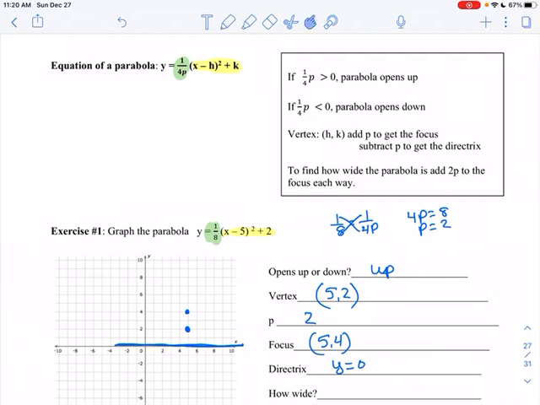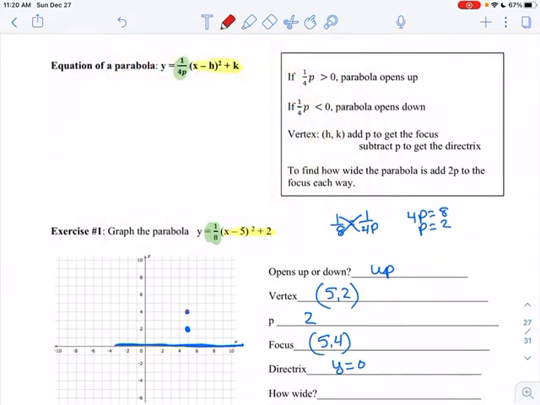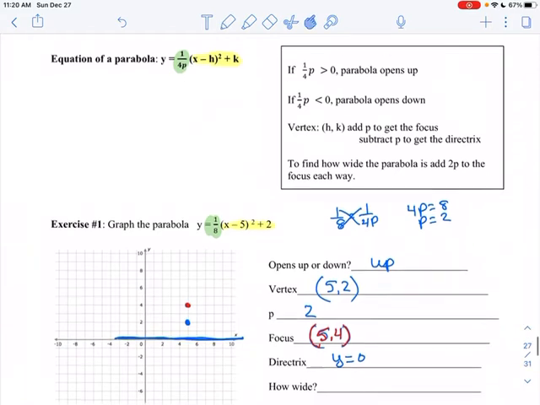How wide is this going to be? Well, remember, to find out how wide the parabola is, you add 2p to the focus each way. I should have made my focus maybe a different color. This is my focus right here. So my focus is in red, and it's 5, 4. So how wide is it?